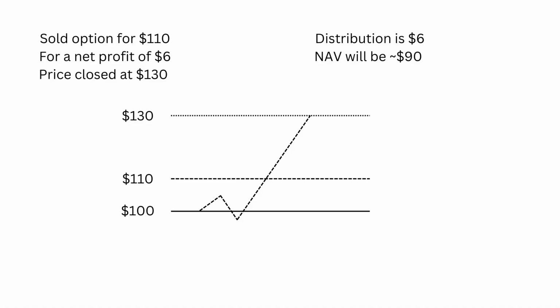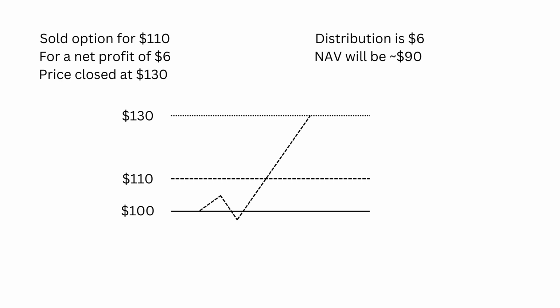What you'll see is at the fund level, until they give you a distribution, it went up ever so slightly because they're holding your $6.